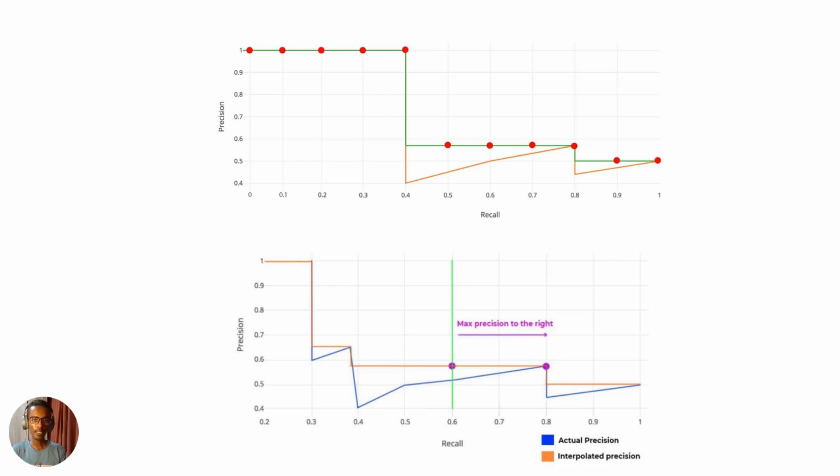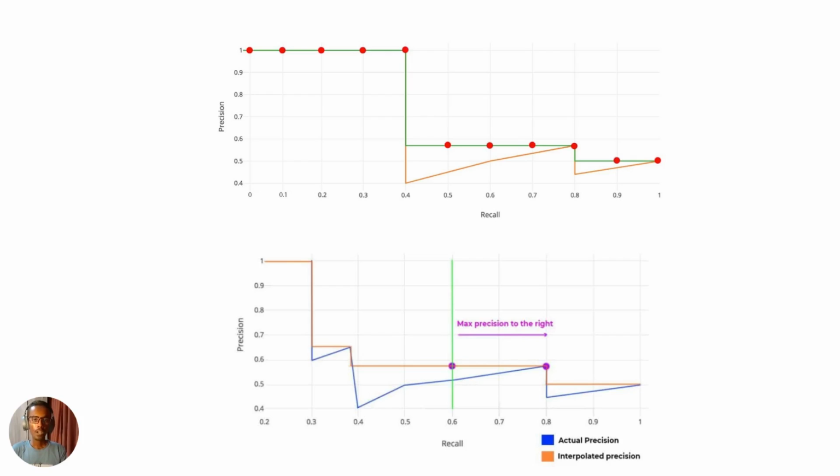So for all the points, until we find the next maximum precision value, we're just going to assign those recall values that maximum precision value. So for all the points between 0.4 and 0.8, instead of considering the real precision value, we just consider the maximum precision value. So at points 0.5, 0.6, and 0.7, the precision value is going to be 0.6, which is going to be the same.